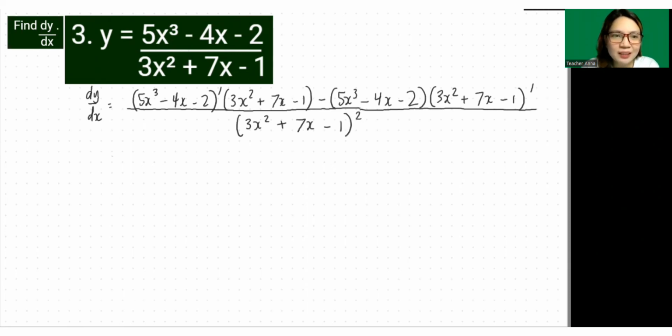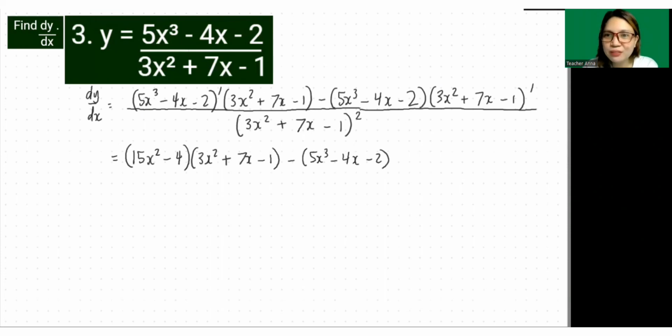So let us do the differentiation on these parts. So we have for 5x cubed, that will be 15x squared. Then for negative 4x is a minus 4. And then negative 2 is a constant, nothing anymore. Then we have 3x squared plus 7x minus 1 minus 5x cubed minus 4x minus 2.